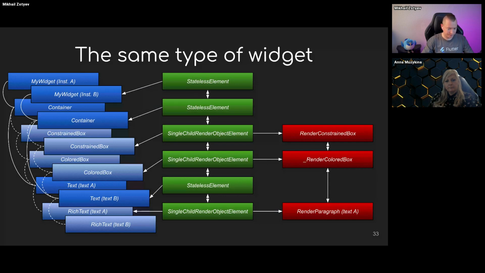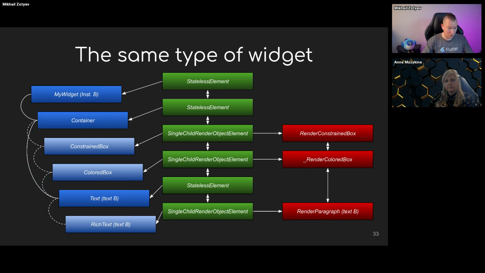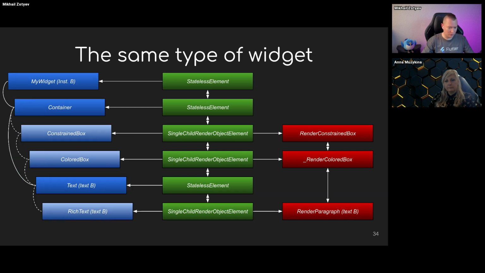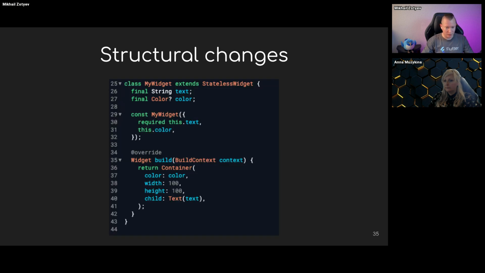Yes, it's possible. But then we can see that it was text A before the update, and now it's text B. Because of this, we need to update the render paragraph as well. So after this, the update has happened, and all our previous structure is not necessary anymore, and we finish updating this part.